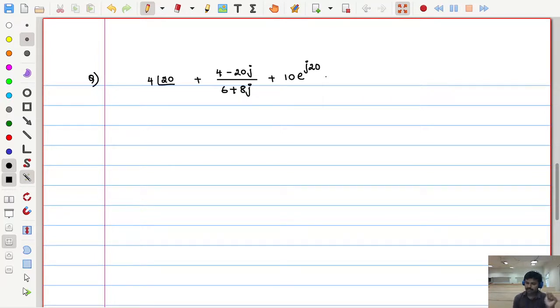Just simplify this. Various forms are there. Simplify this into a single phasor form, like r at an angle theta.